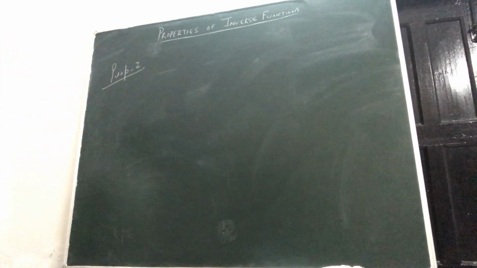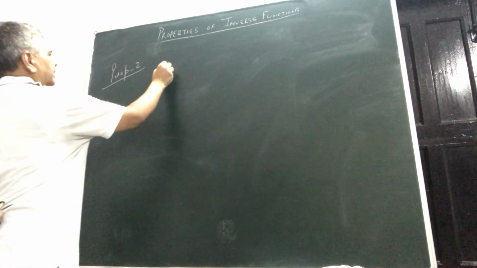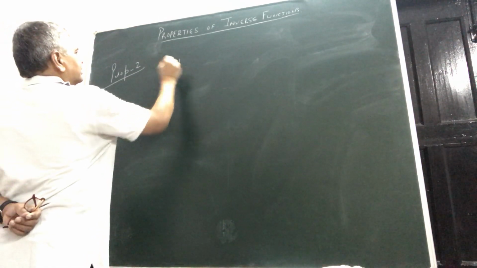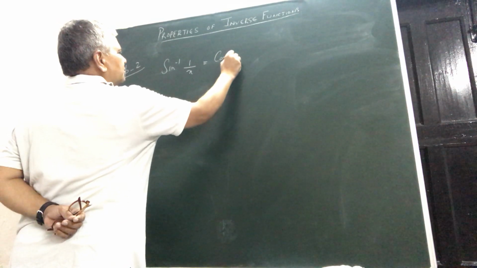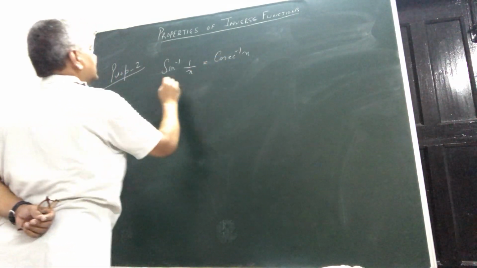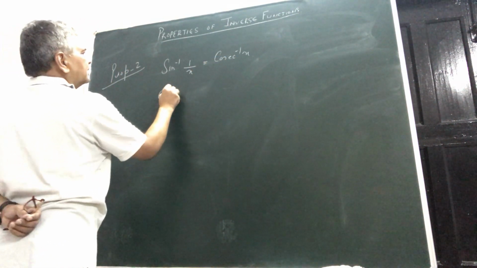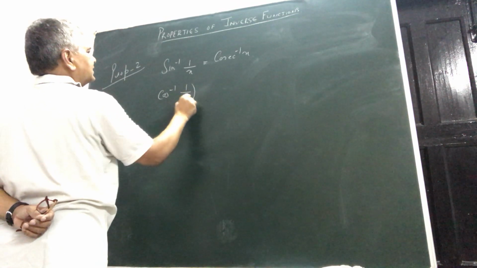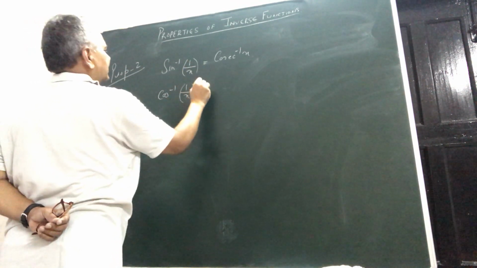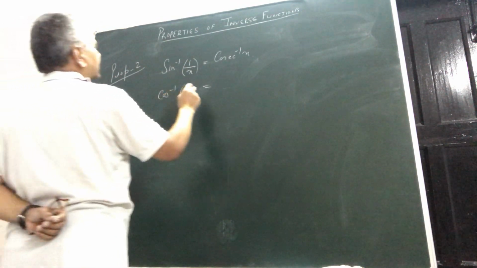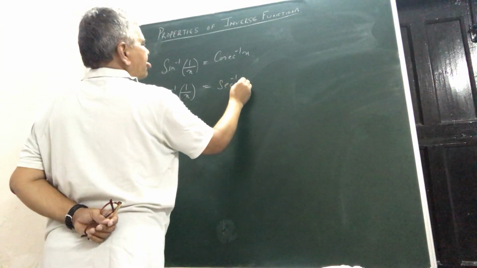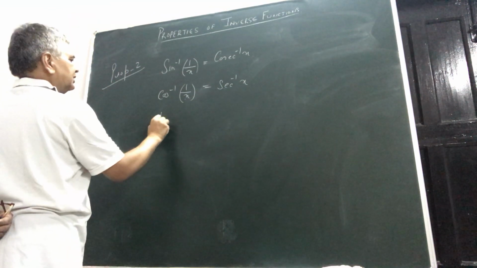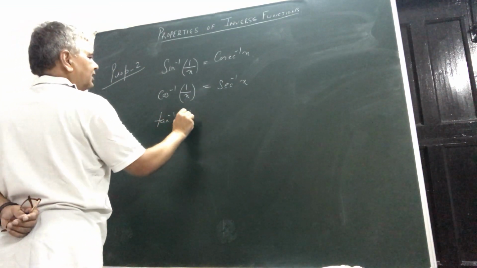Here you will find that sine inverse 1 upon x is equal to cosec inverse x, cos inverse 1 upon x is equal to sec inverse x, and then tan inverse 1 upon x.